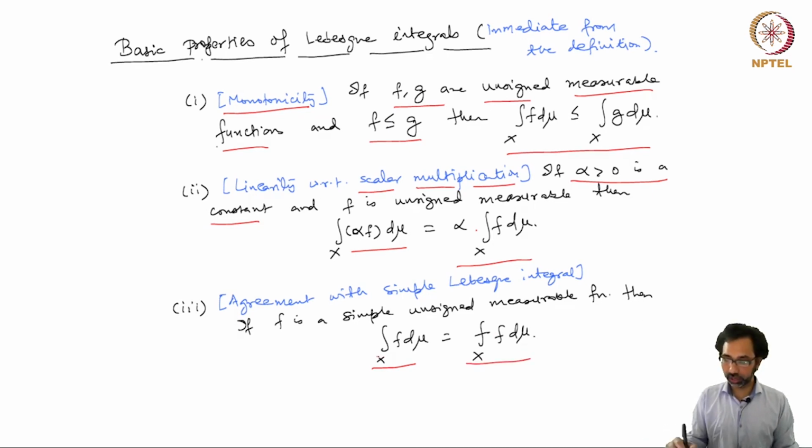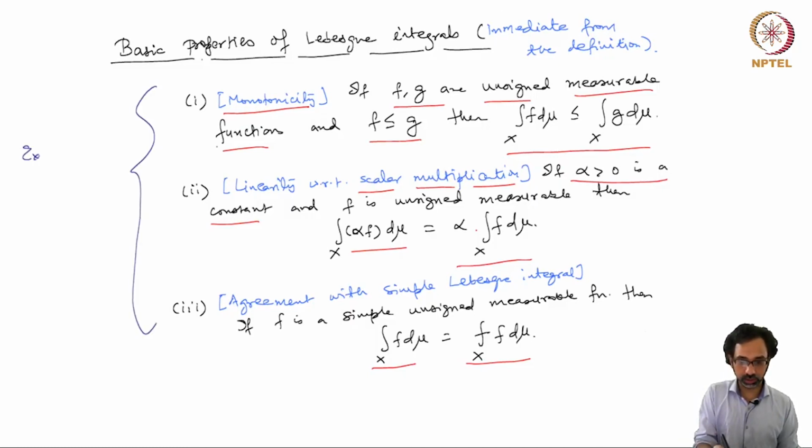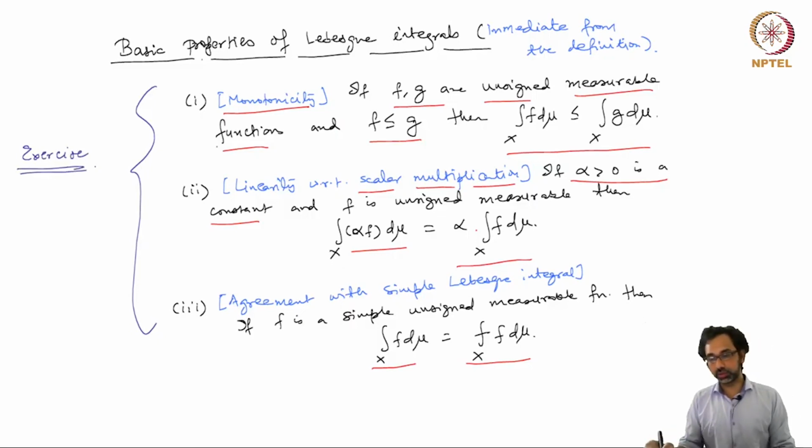On the right hand side we have the simple Lebesgue integral, and on the left hand side we have the Lebesgue integral as we have defined using supremums of simple functions approaching from below. So these two agree. I will leave all three as an exercise. You should just check from the very definition that we can deduce all three properties stated here.